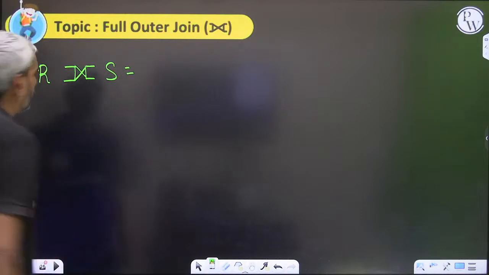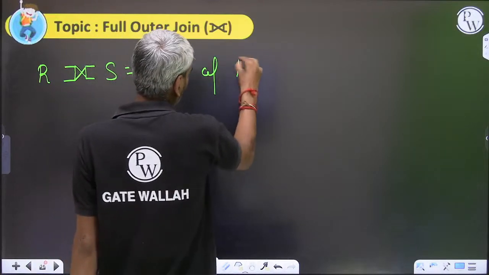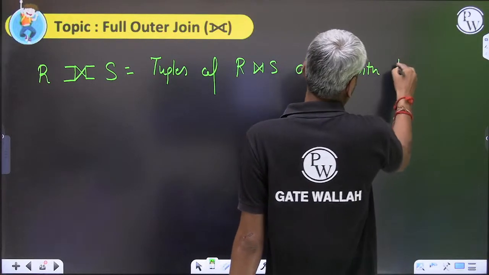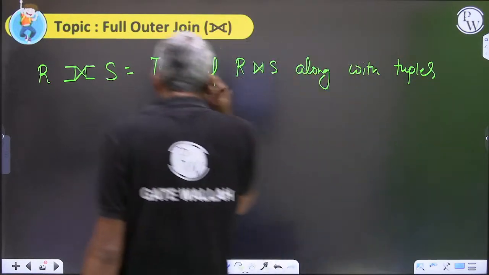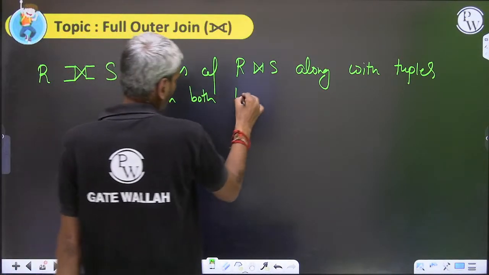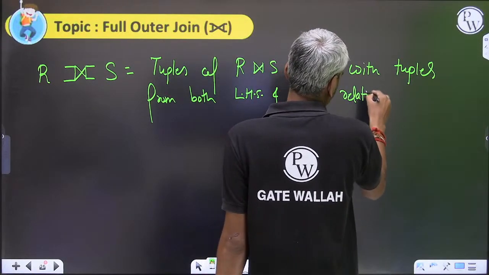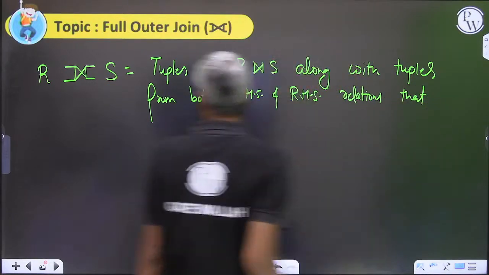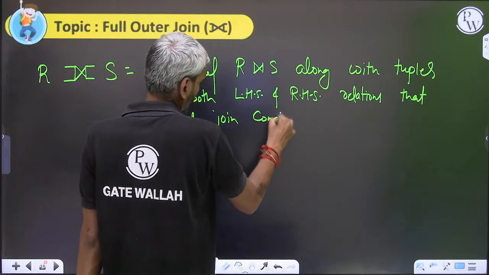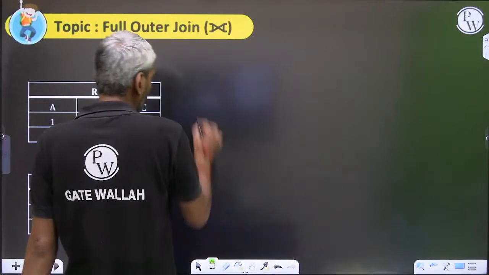So it will be the tuples of R natural join S, along with tuples from both the left and right side relations that failed the join condition. Clear?